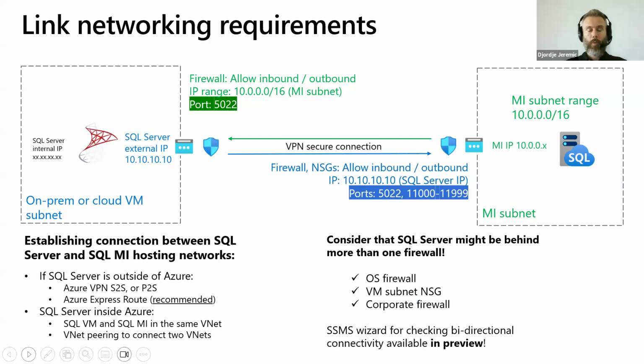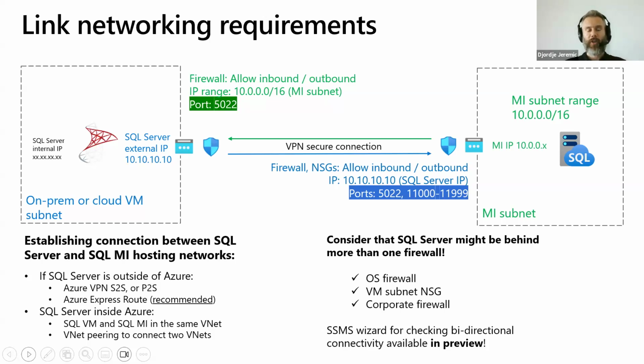Also, one should be reminded again that there are different types of firewalls. We had customers who had to troubleshoot their local network connectivity heavily to realize there is yet another type of firewall somewhere preventing the traffic required for the link feature to pass.